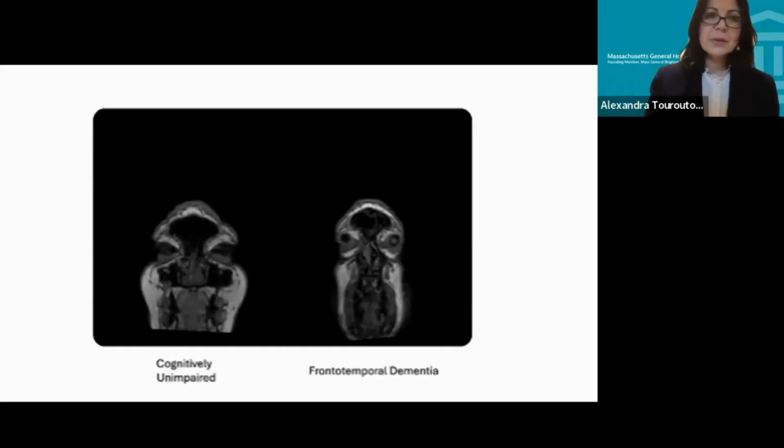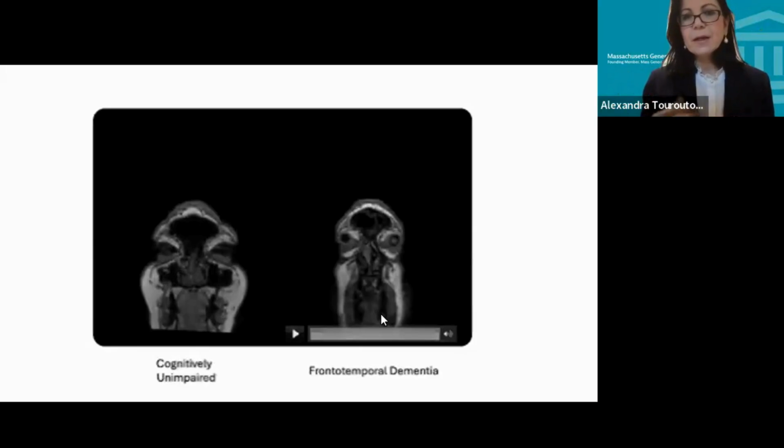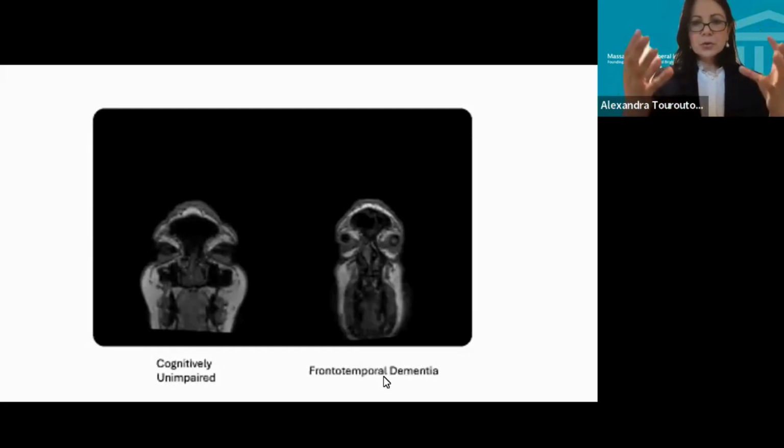And just to orient you here, on the left we have a cognitively unimpaired older adult, and on the right we have someone with dementia, frontotemporal dementia in this case. We're going to look at the brain as if somebody's face is looking out of the screen.